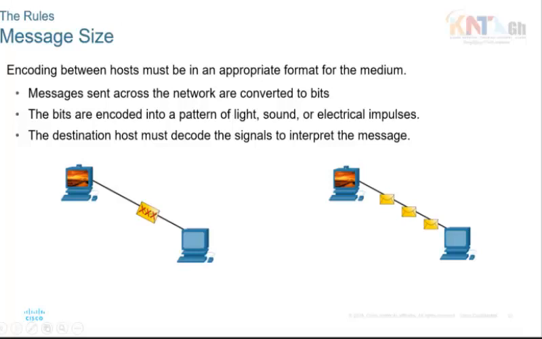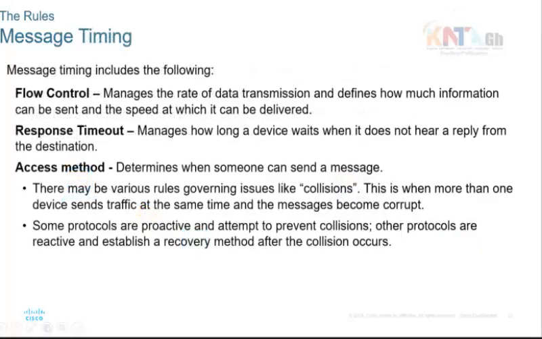And then it could also be through the air or sound medium. And any of these media will see the data that's supposed to be sent on the medium being converted. Message timing.